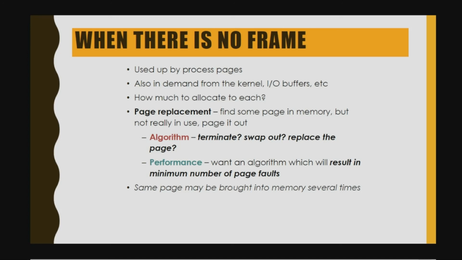The performance depends on the algorithm that we use. We want an algorithm which will result in the minimum number of page faults. So in order to identify the performance, we need to look back at the algorithm, and some pages may be brought into memory several times.